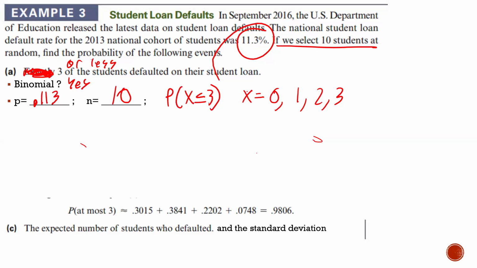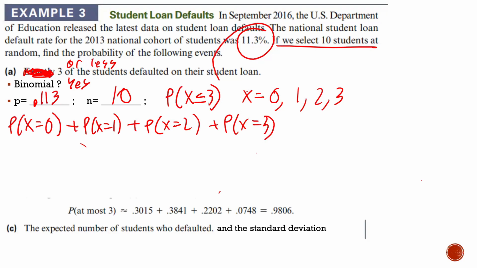To figure out the probability that X is less than or equal to 3, I have to add up all of these. Remember the formula is n choose x, p to the x, times 1 minus p, aka q, to the n minus x.